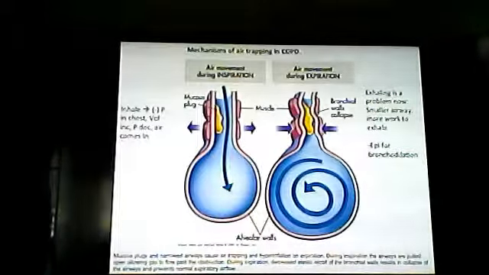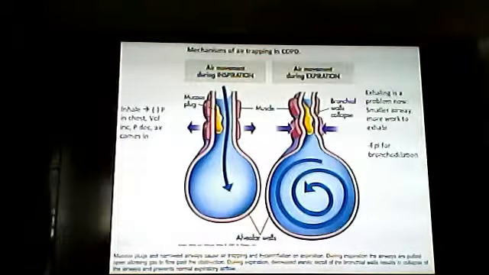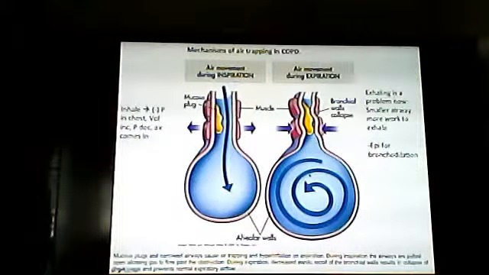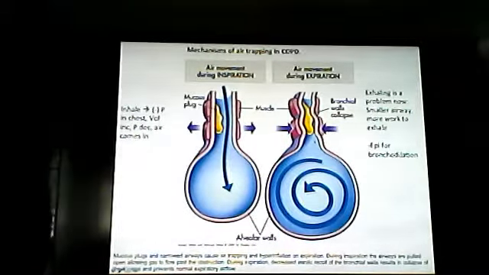When you breathe in, it's okay because the airflow is coming in and you're opening up the airway, so air can come in just fine. But when you're trying to breathe out and collapse the airway to push the air out, that's where you see the problem, because this part narrows and the air really can't circulate anywhere.